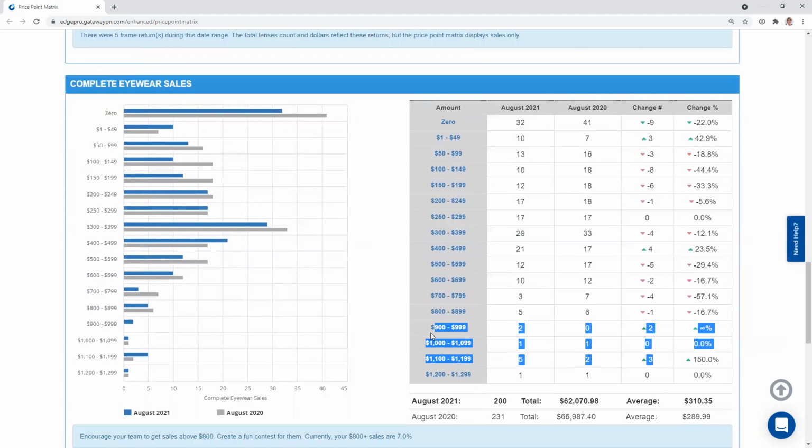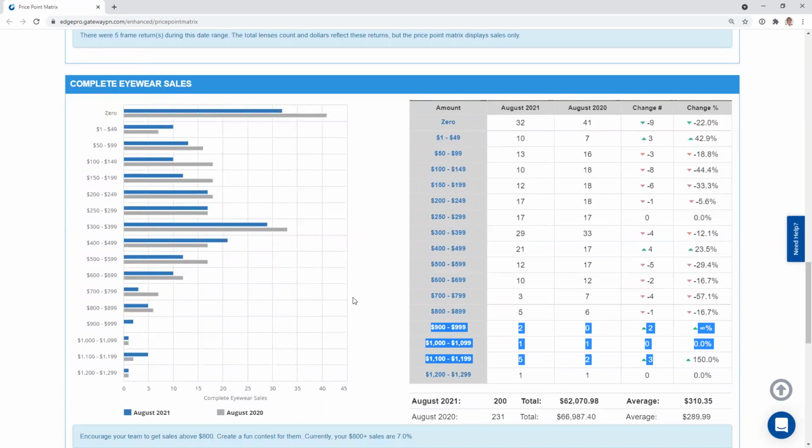And look, we had 5 patients spend over $900 right here on their glasses. Just like I showed you with your patient's own frames, all of these pricing categories are in blue, so they're going to have the hyperlinks. If you wanted to see your patients that spent over $800, you can click on it and it'll load that transaction activity.